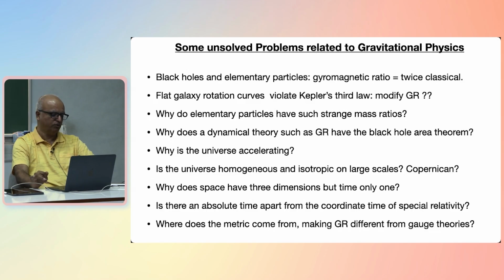Okay, so I want to end yesterday's lecture by listing my favorite list of some unsolved problems related to gravitational physics, just to give you a glimpse that general relativity is not the end point of our understanding of gravitation.